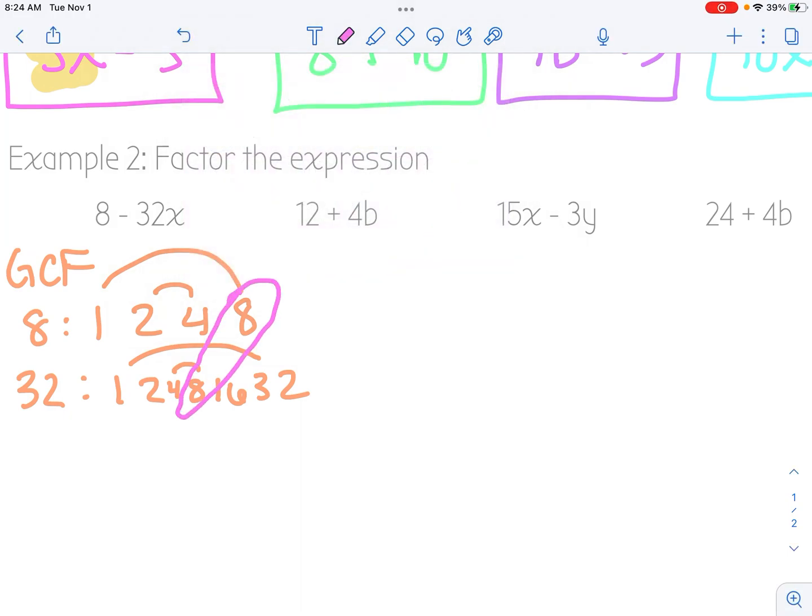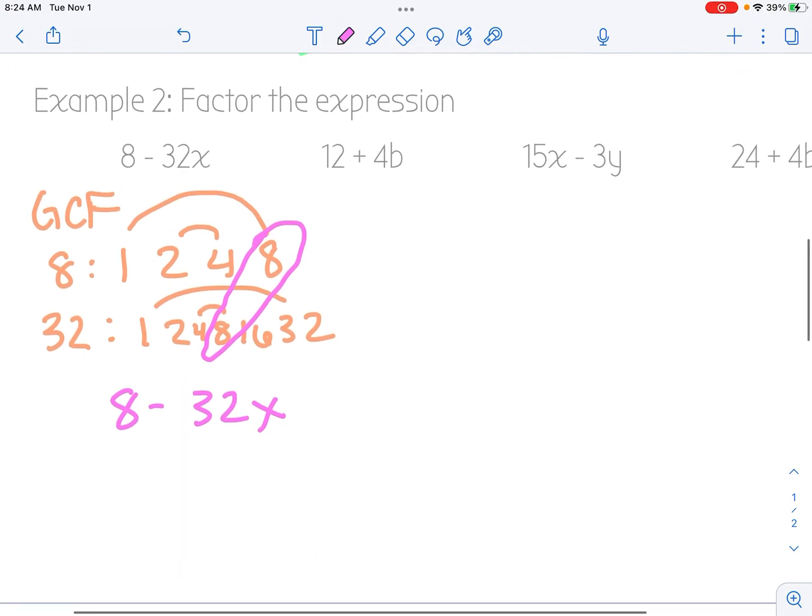So that means I can factor out an 8 from this expression. So if I have 8 minus 32x, if I'm going to factor out 8, I'm going to put 8 on the outside of my parentheses. Now, to factor out 8, we use division. 8 divided by 8 is 1. I'm going to keep that minus sign.